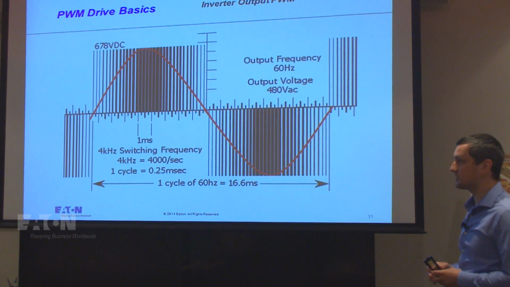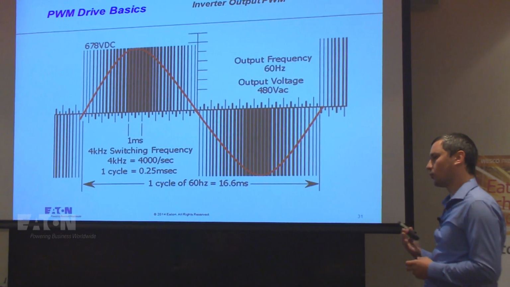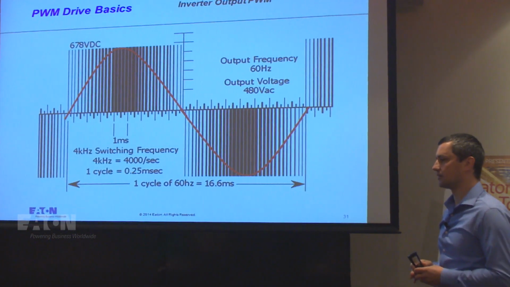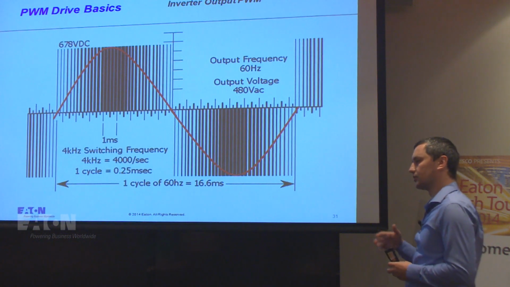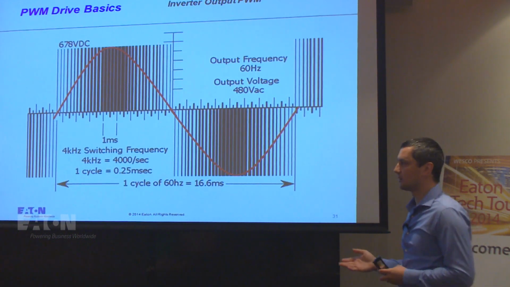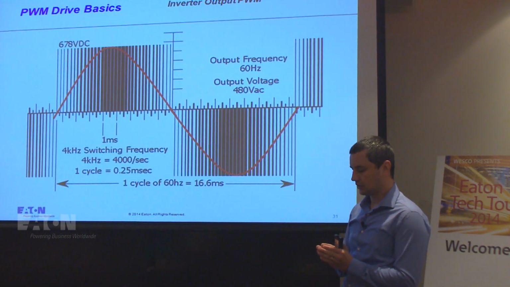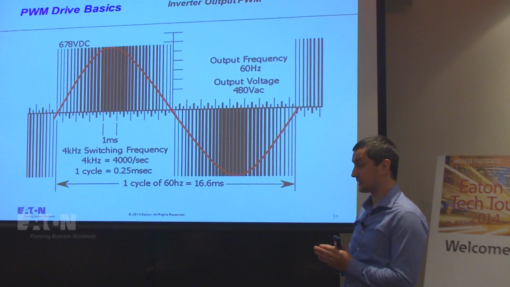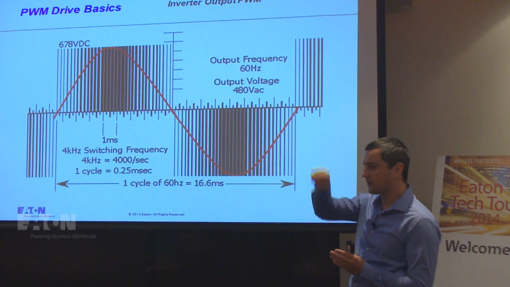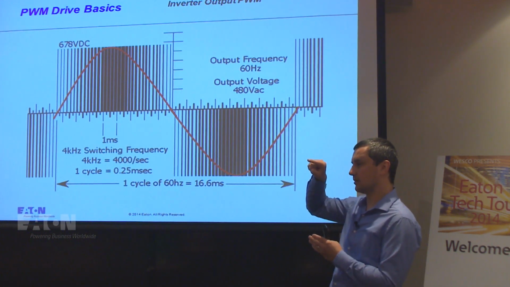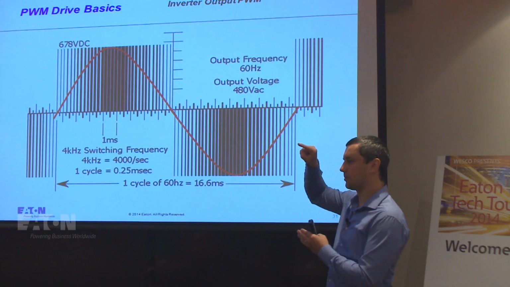The higher the switching frequency, the nicer the sine wave you will have. But a higher switching frequency is not very good for your motor, because think about this: it's not that ideal perfect sine wave, so you just open, shoot into your motor windings, close, open again.